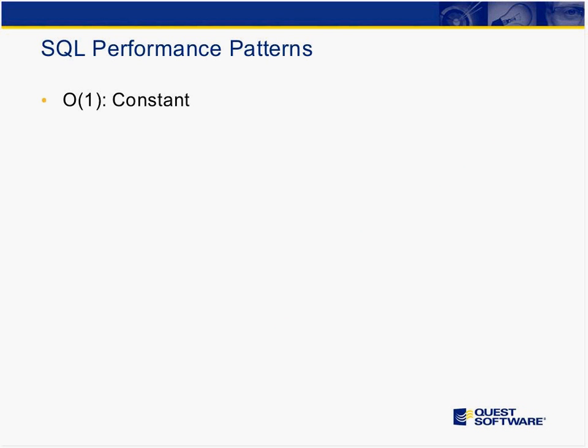SQL performance patterns fit into these different categories in some predictable ways. The first one pretty much represents a perfectly balanced hashed index or table. So you're basically doing one I/O no matter what your query is, going for the primary key.